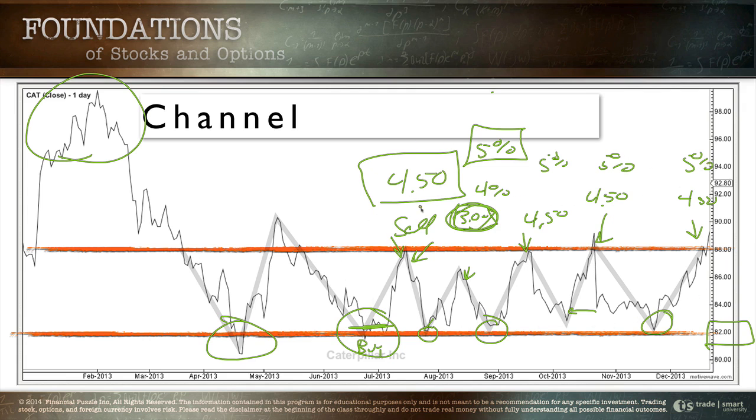Over this 6-month period of time, there's an easy 20 to 24% profit. $4.50 per share on 1, 2, 3, 4 of the cycles. One of the cycles had less than $4.50 per share opportunity. All of them fell within the channel. All of them were a fairly predictable pattern, relatively easy to make money on. Chris, if you could learn to identify that pattern, do you think you could learn to make some serious money?